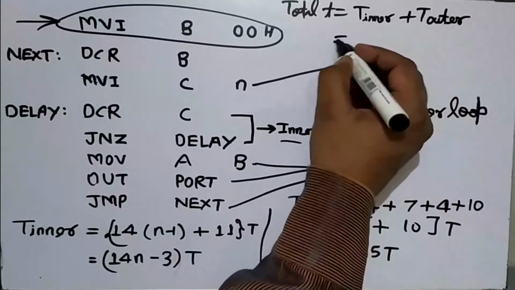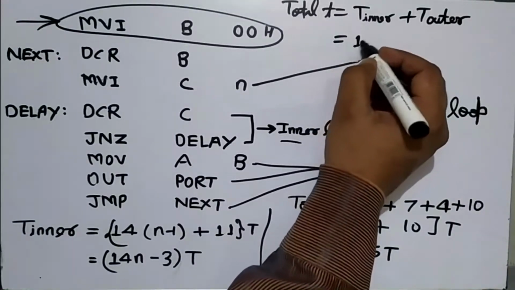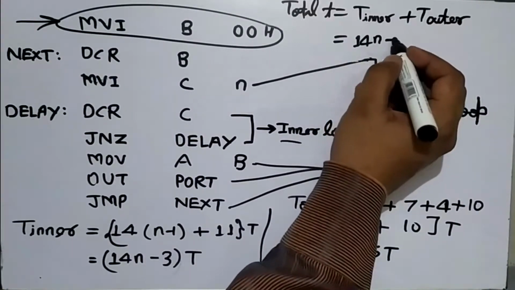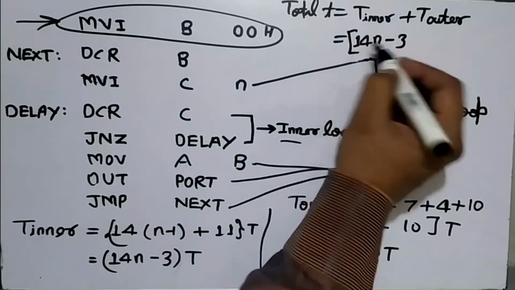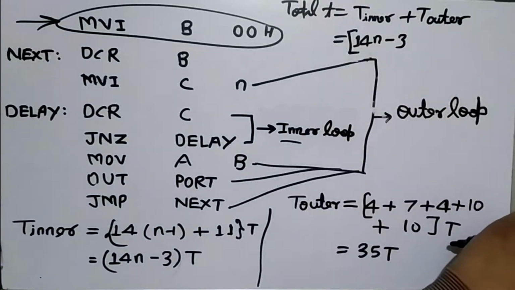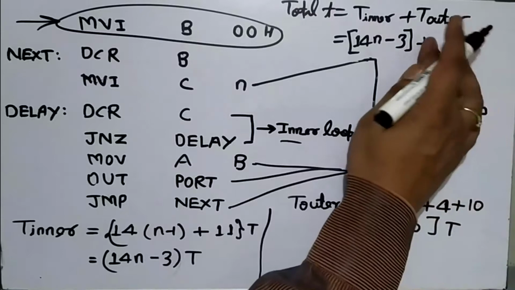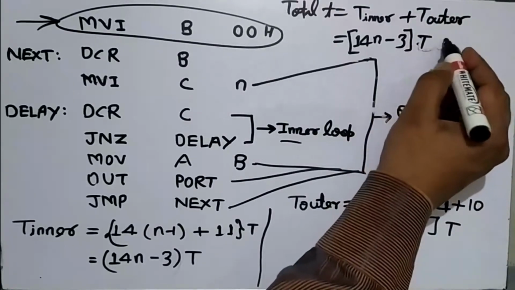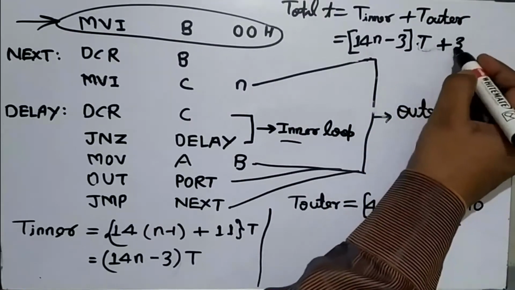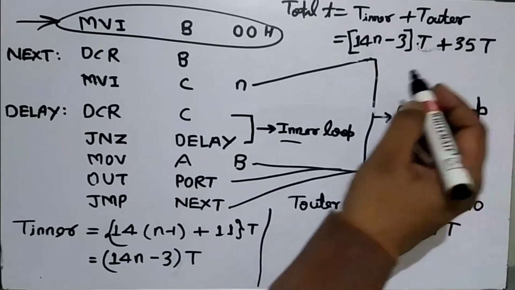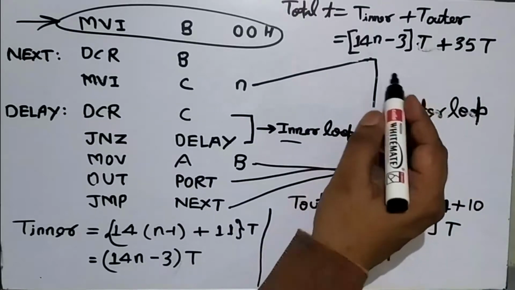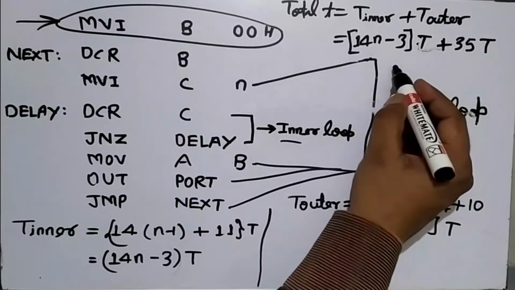Okay, T inner is (14n-3) times T, plus 35T.